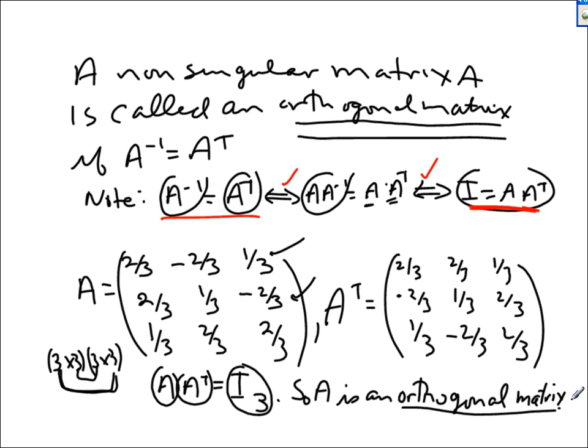I was thinking of 1 because in an orthonormal set, the magnitude of each vector is 1. And identity is like 1. Okay. An orthogonal matrix is a matrix such that A times A transpose equals I, or alternatively, A transpose equals A inverse.